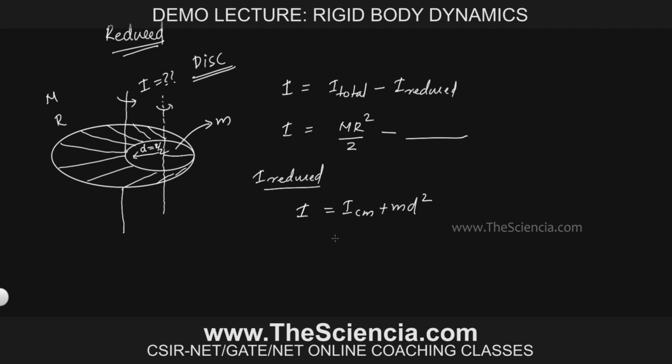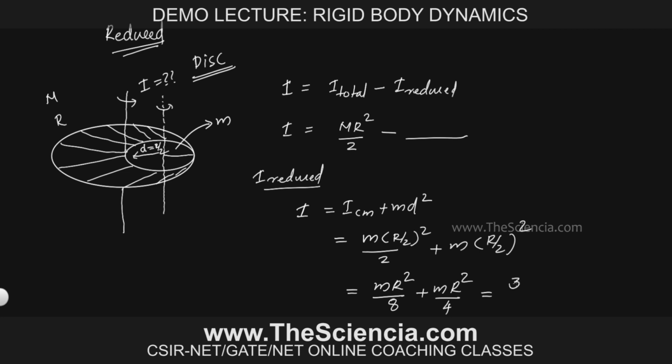So what we get, that is m r square by 2, here r is R by 2, so m (R by 2) all square by 2, plus m d square, d is R by 2, m (R by 2) all square. So what we get, this is equal to m R square by 8 plus m R square by 4. So what we get, total is equal to 3 m R square by 8.